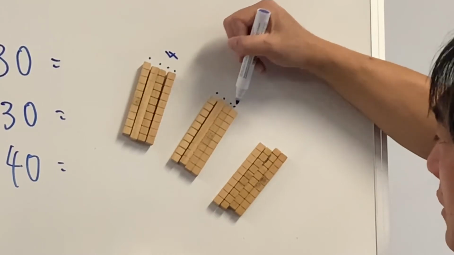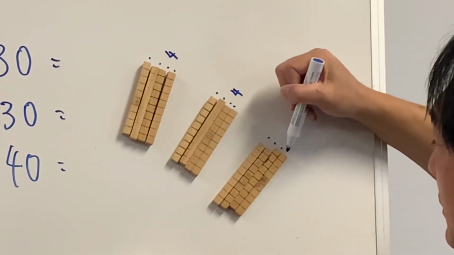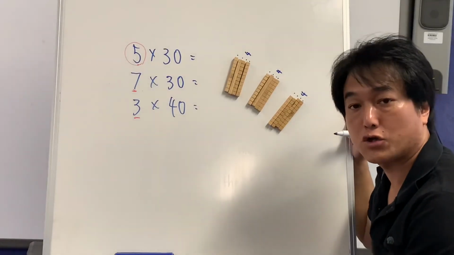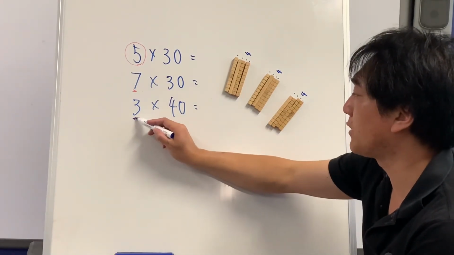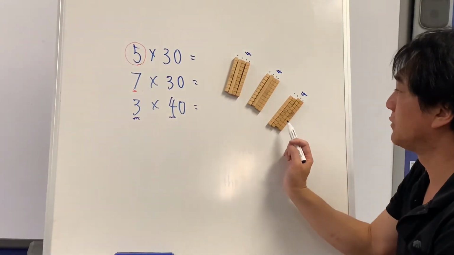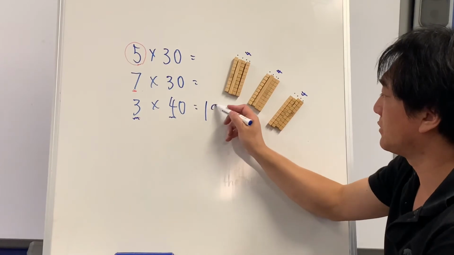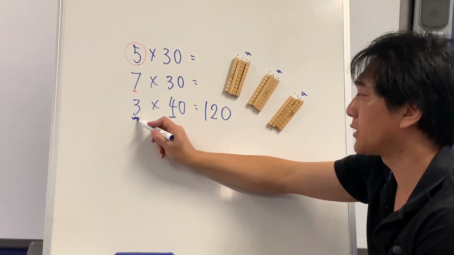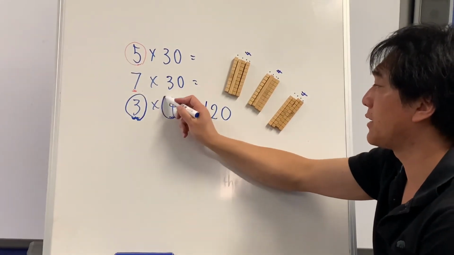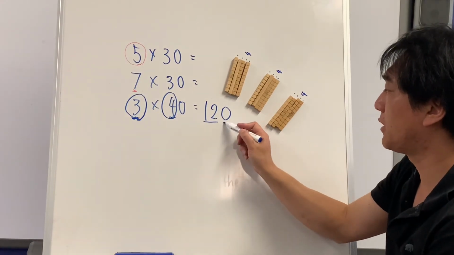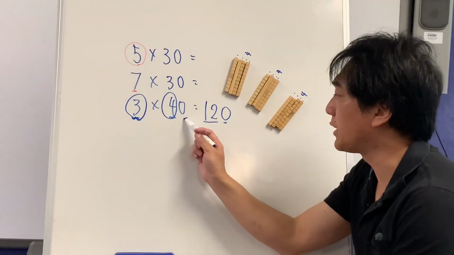I can see 4 lots of 10s and 3 chunks. Can you see 3 times 4? 4 tens, the answer is 120. Seems like it still works. We multiply these two numbers and put the 0 at the end because it's 40, right?